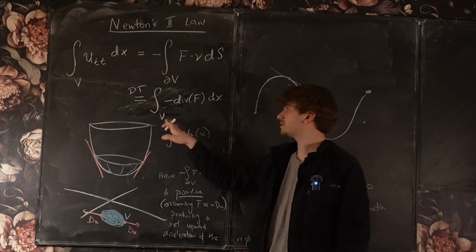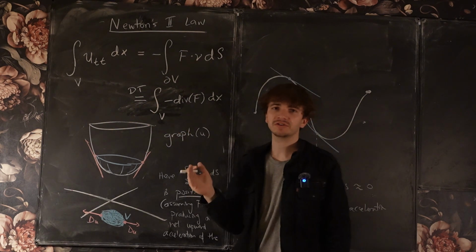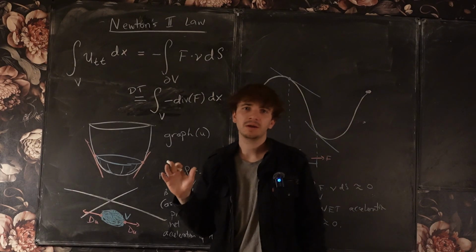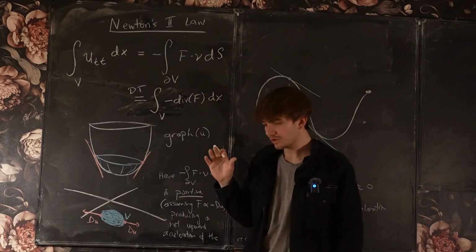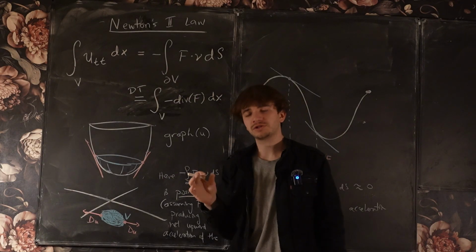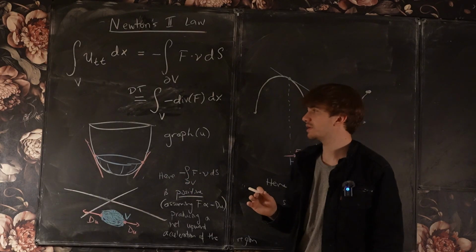And so we get a net force essentially acting on the interior of the set, and the net force is given by the divergence of this vector field F. However, this does not account for external forcing on the system. So this is just a derivation for the homogeneous wave equation.